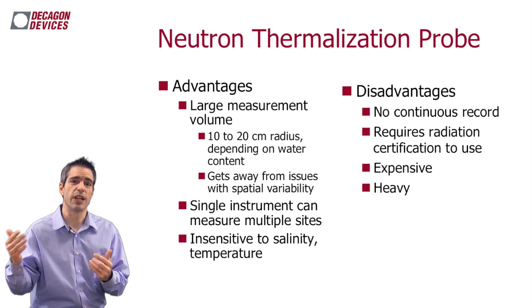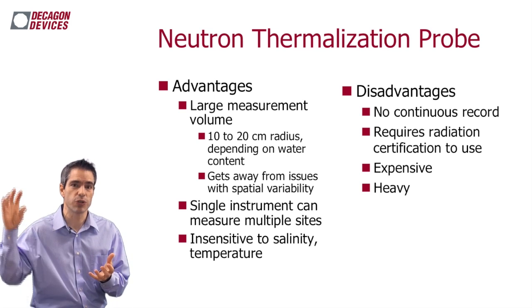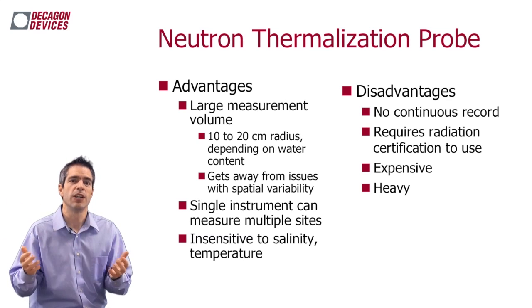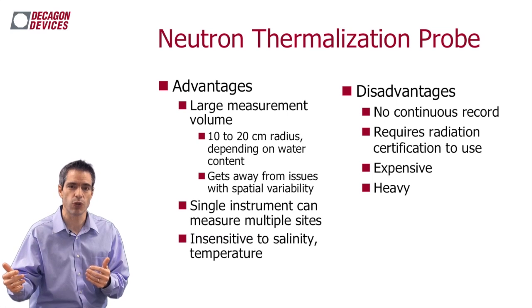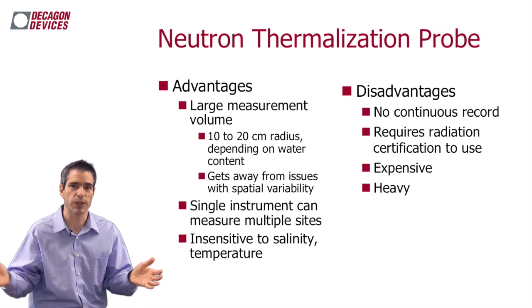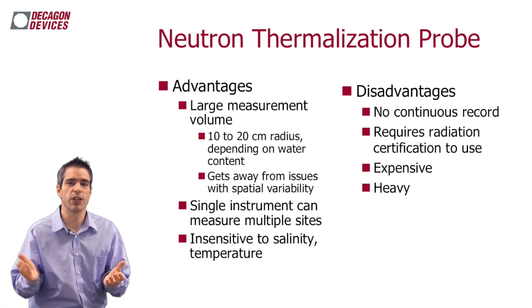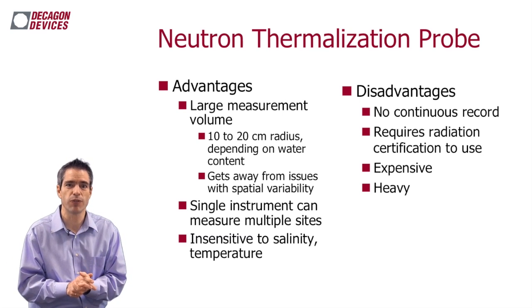This new technology is able to compare the difference of thermalized neutrons coming in from the atmosphere and coming out from the soil, and make an estimation of soil moisture over quite a large footprint. This technology is called Cosmos, and you might look up on the web to get a little more information on that.